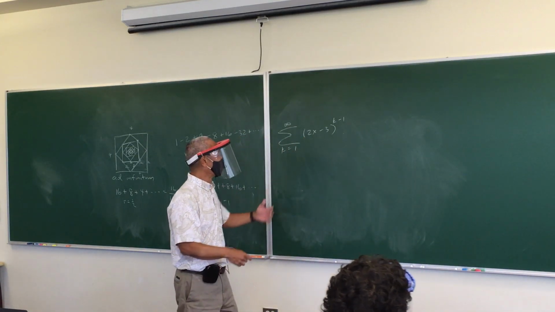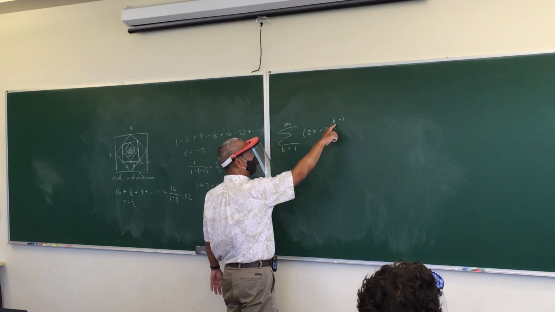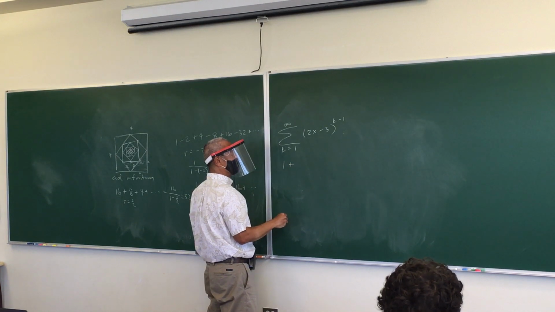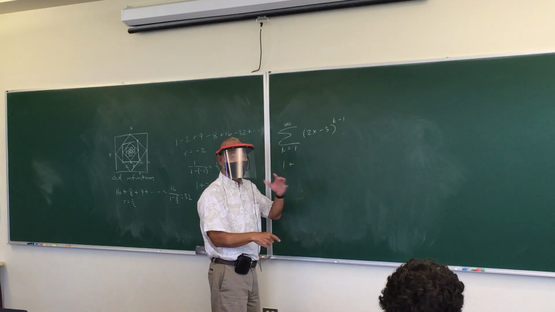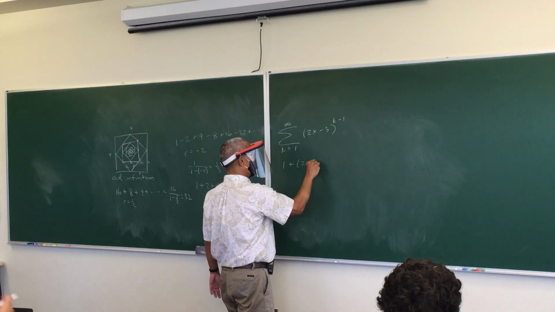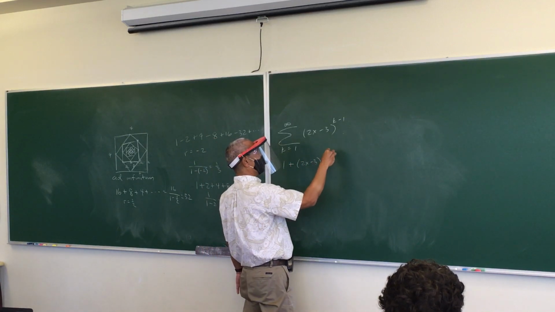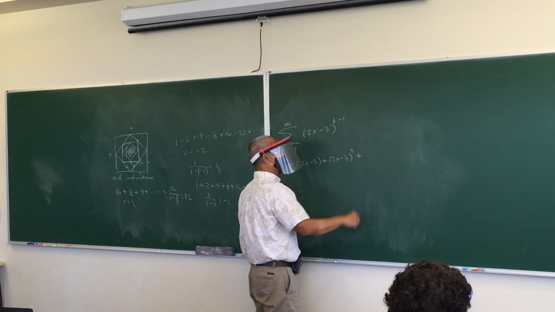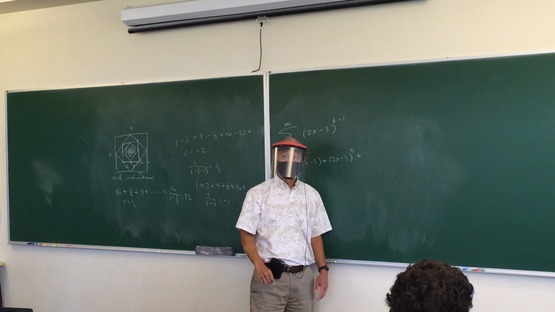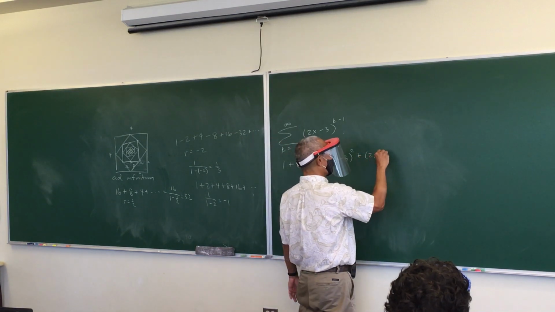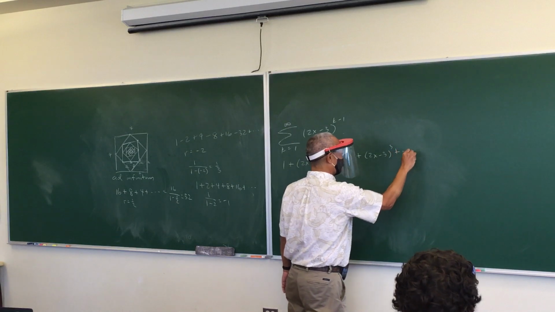Plug in 1, 2, 3, 4. What happens when I plug in 1 for k? You get 1, right? (2x minus 3) to the 0 is 1. Plug in 2, you get 2x minus 3. Plug in 3, you get (2x minus 3) squared. Then (2x minus 3) cubed, plus dot dot dot.